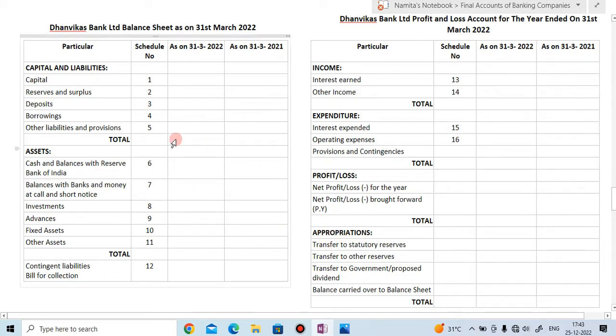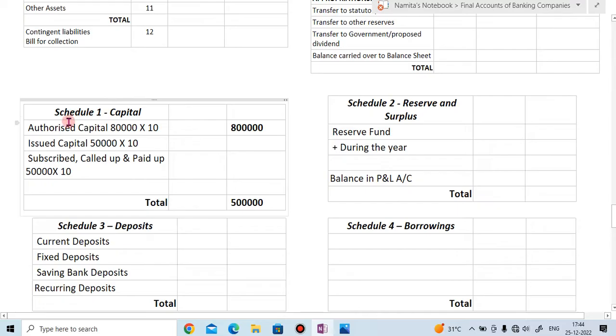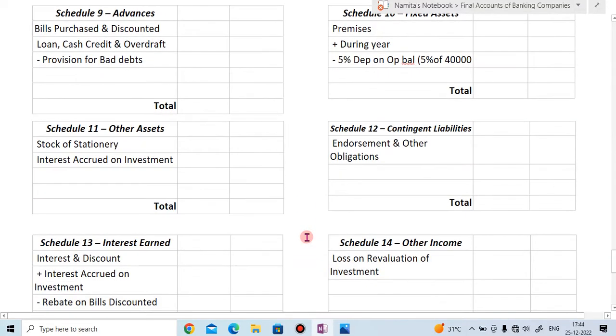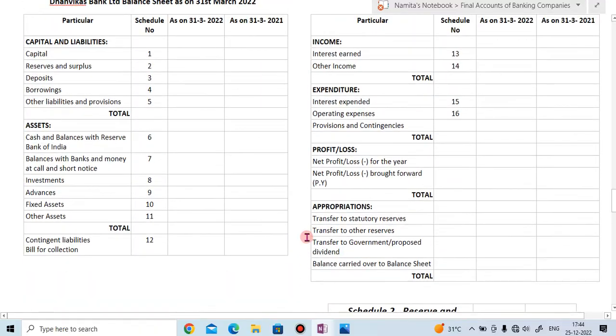Now you will see in front of capital there are schedules. Okay, so each schedule, like capital schedule number is 1. So for every liability and asset, separate schedules are to be prepared. Okay, so schedule 1, schedule 2, schedule 3 deposit. So in this way you have to prepare individual schedules also. So in total how many schedules are there for the banking company? 16 schedules are there.